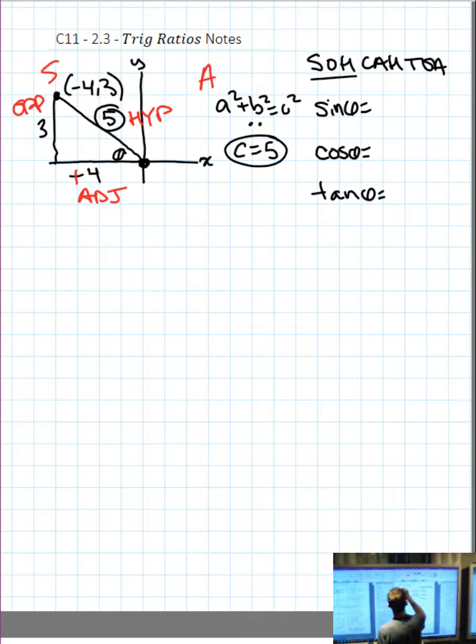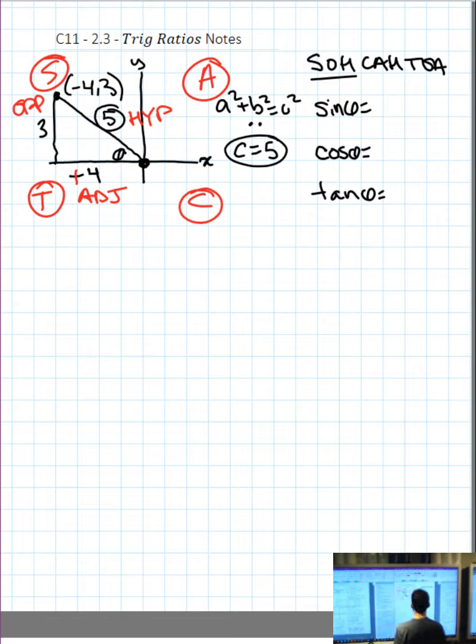A, S, T, C. In that order. Quadrant 1, 2, 3, 4. So, based on our ASTC, we're in the S quadrant. So we know off to the right, sine is positive and cos is negative and tan is negative.